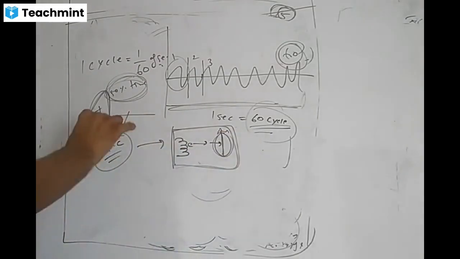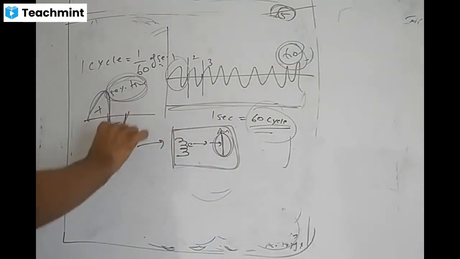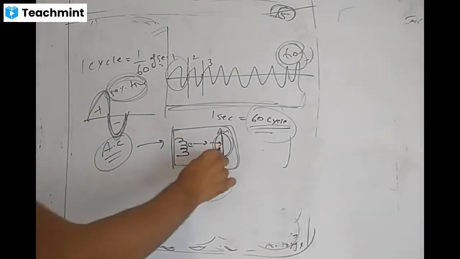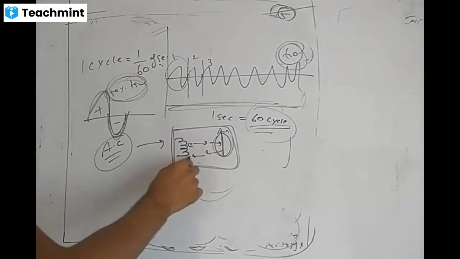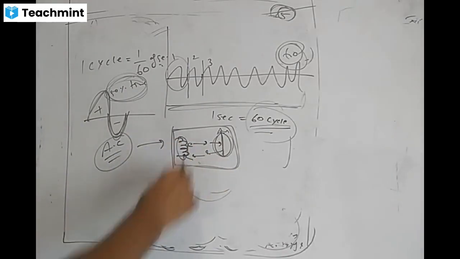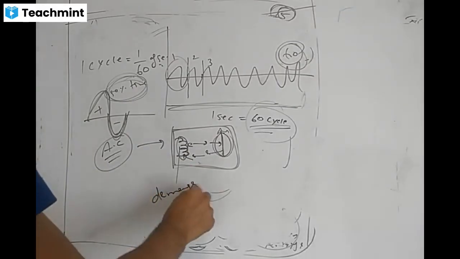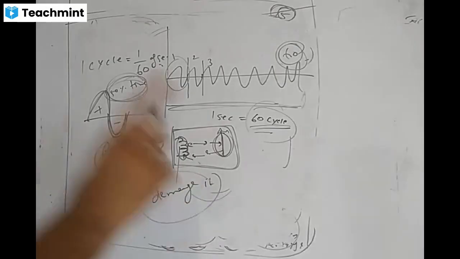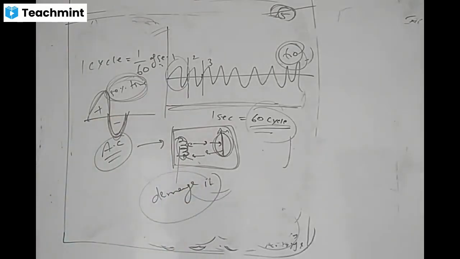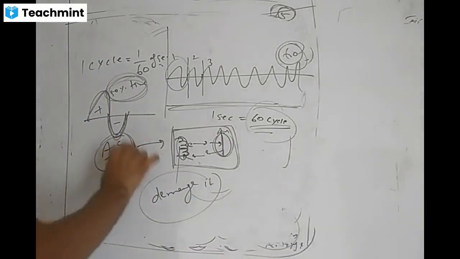But what happens in this other half cycle, this negative cycle? They will reverse back, come to the cathode, and damage it. So an X-ray tube never uses alternating current.